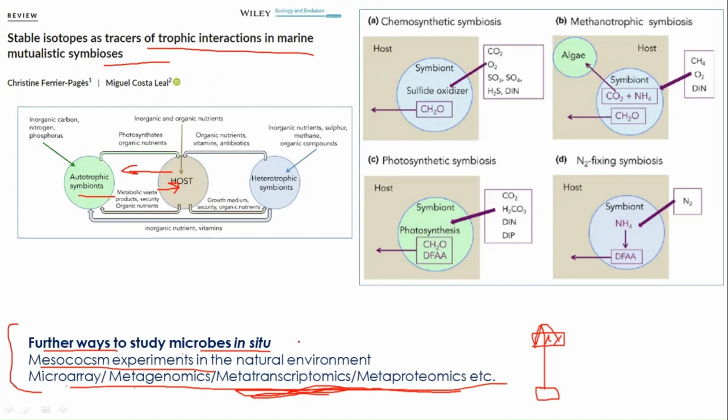If you're studying DNA, that may not be directly linked with the function or the activity. If you're studying RNA, it is one step ahead of DNA. If you're studying protein, then it is one step further ahead of RNA. And otherwise, there are several new methods where you can directly analyze the physiology, like metabolites and other stuff. Right. So that is how you study the in situ activity of marine microbes.